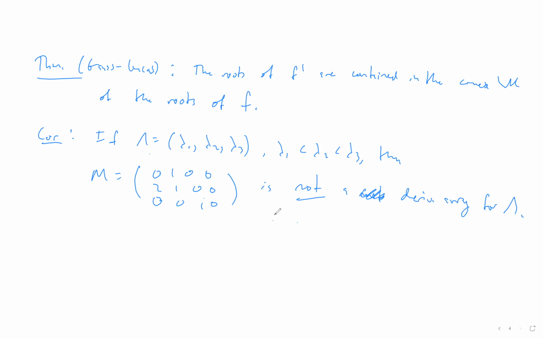So let me give you the proof. Suppose that M is a derivative array for lambda, so it's equal to m_f of lambda for some f. So we know that two roots of f have to be lambda 2 and lambda 2, from this first entry here.